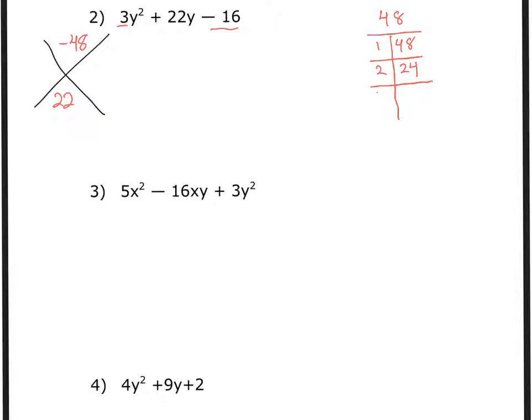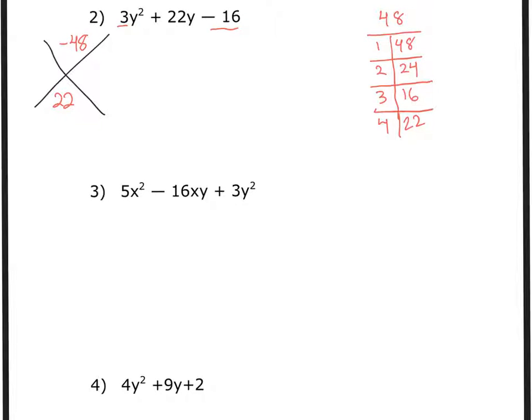We got 3 times 16, and 4 and 12. You're going to break it up into all the possibilities. And what you're going to notice is you want to see, is there any pair here that when you add them or subtract them is going to give you a 22?